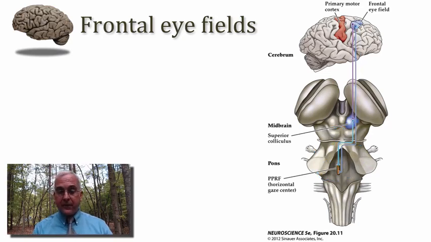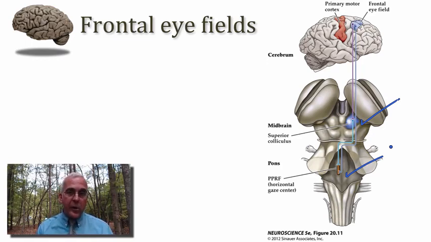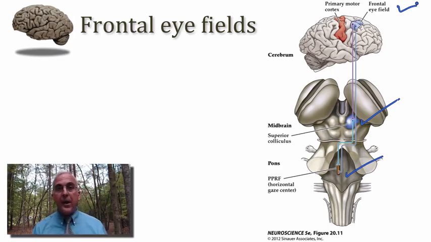Now, the fact that the frontal eye fields project to both the superior colliculus and the gaze centers in the brainstem suggests that there may be some redundancy to the means by which circuits of upper motor neurons control eye movements. And in fact, that may be the case. What we know from studying animal models and even from studying clinical patients is that damage to either the superior colliculus or the frontal eye fields can result in a deficit in saccadic eye movements.